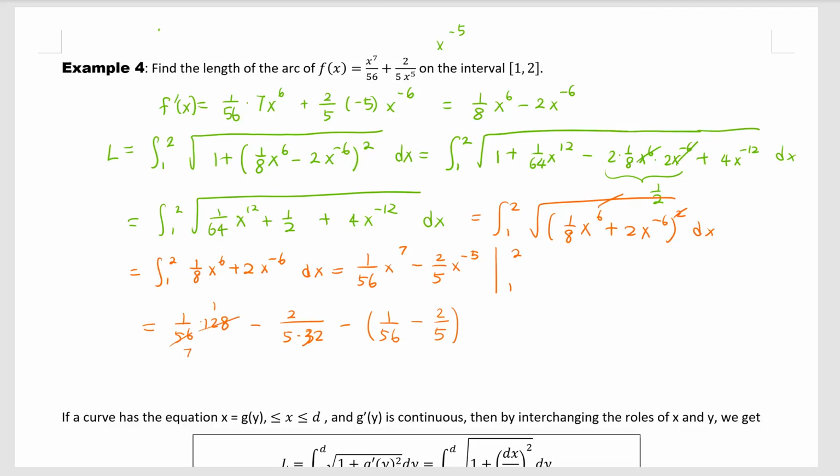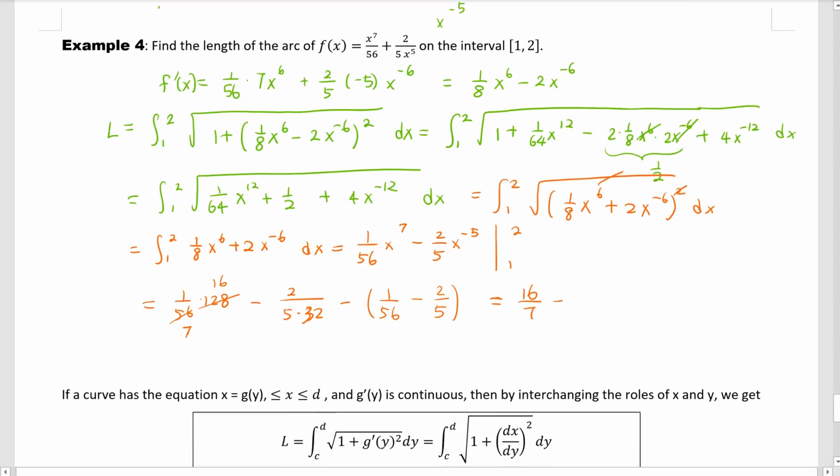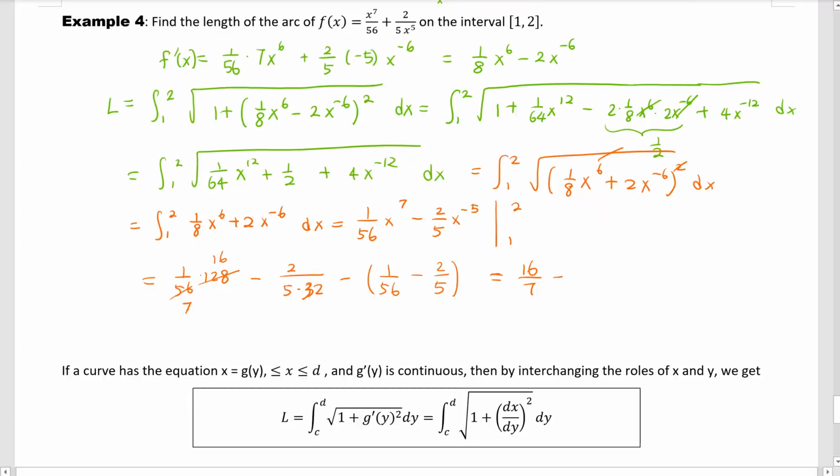So that's 16 over 7 and minus 2 and 32. There's something wrong with my computer right now. Okay, so it's 1 over 5 times 60 minus 1 over 56 plus, it keeps erasing my answers.